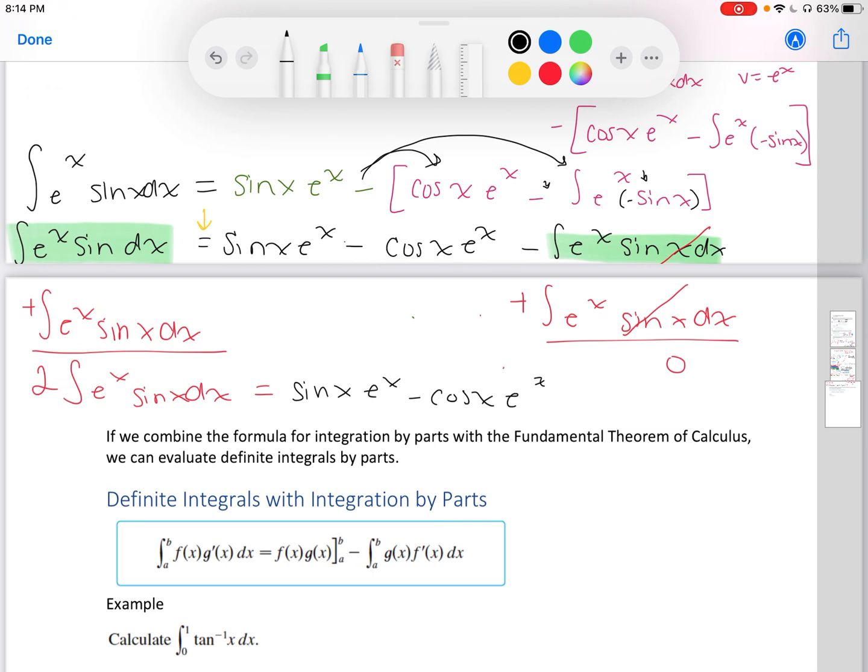We just want to solve for it, and we have our answer. We just have a constant that we need to get rid of. So let's multiply both sides by 1/2 so that we can get rid of that 2. So our final answer is 1/2 times sine x e to the x minus cosine of x e to the x. And that's your answer.